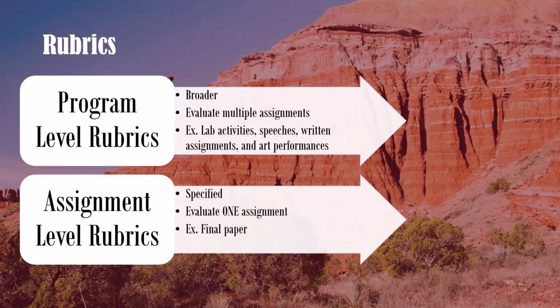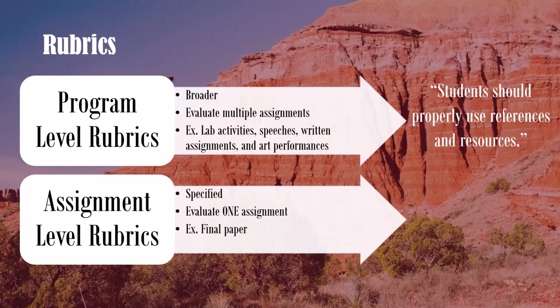For example, program level rubrics might say that the student should properly use references and resources, while assignment level rubrics might say the students should use APA style citations. The first statement could be used for both a written assignment and a speech. However, the second statement can only be used for a writing assignment.